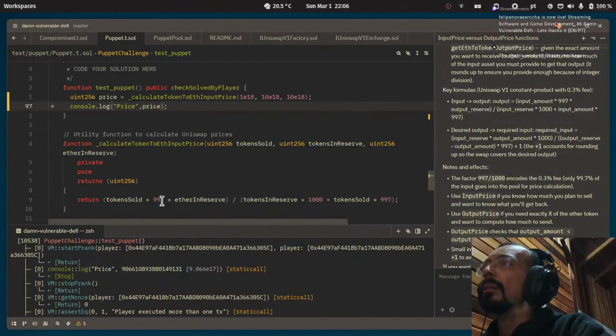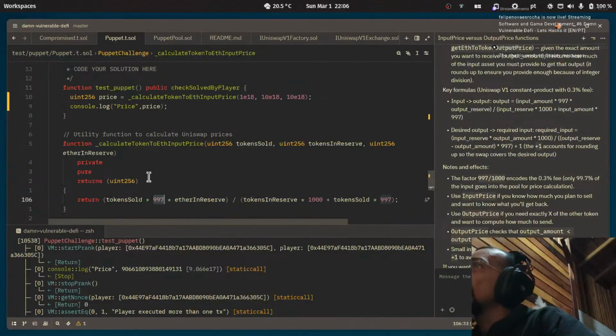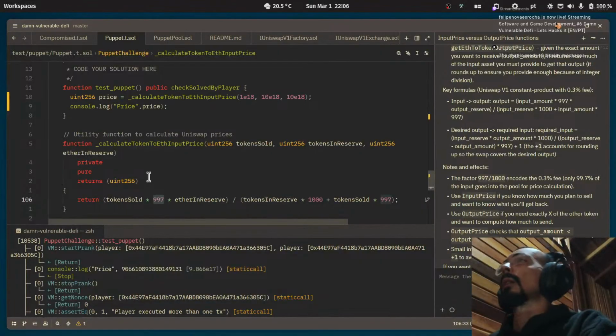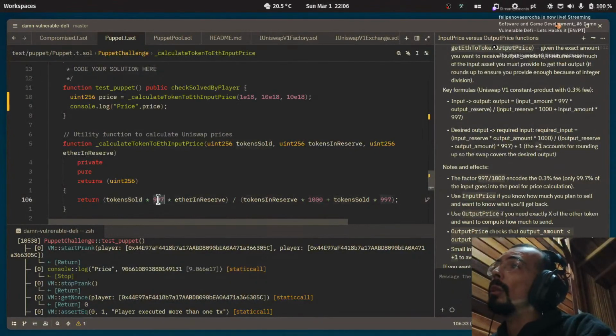I think that's because of the fee here, right? So let me confirm the calculation. So this should be equal. Ether should be 10. 1, 9, 9, 9, 10. I think I have 1 zero more.